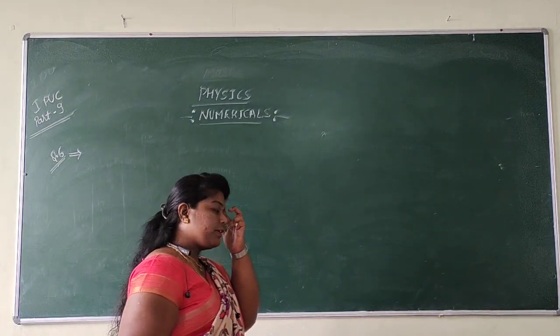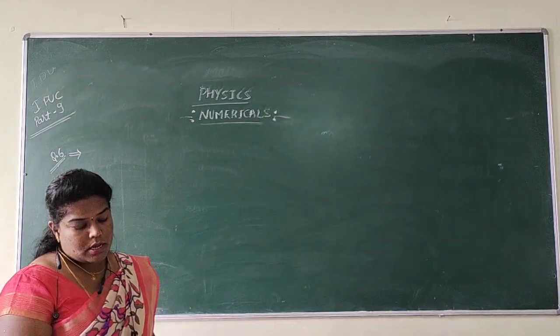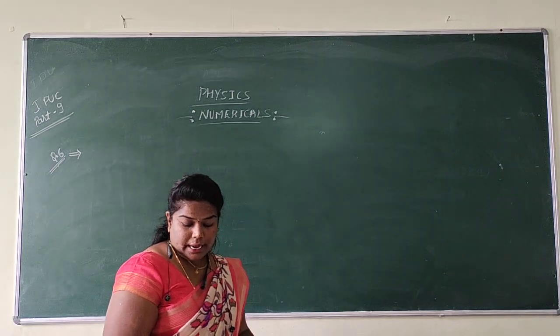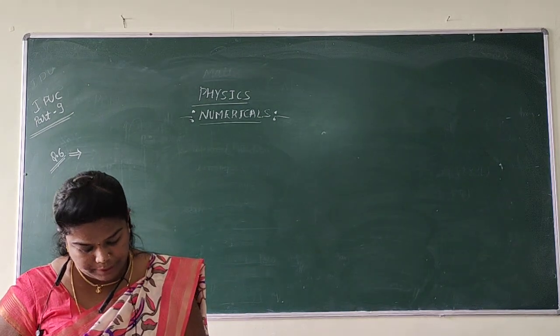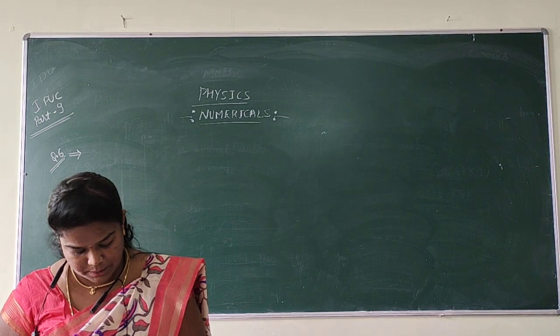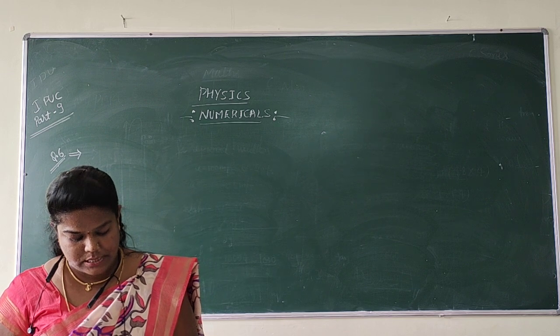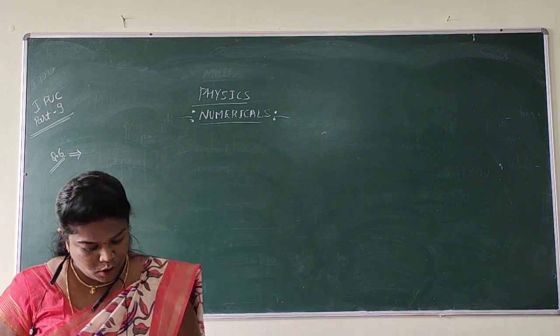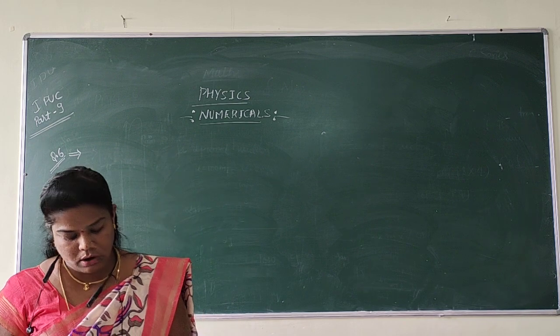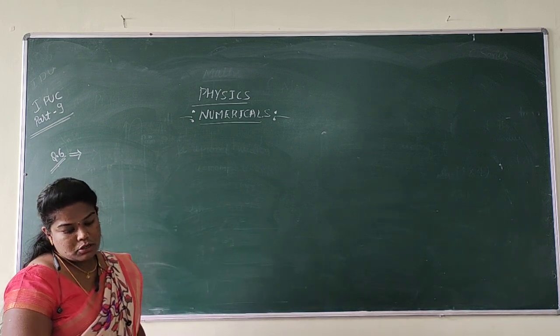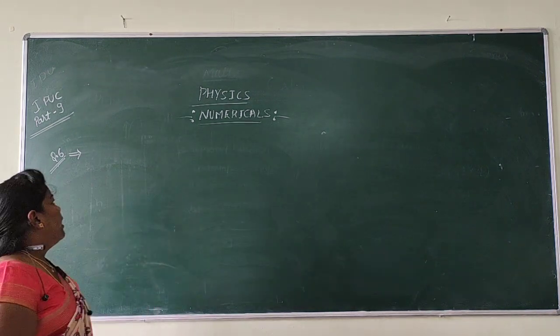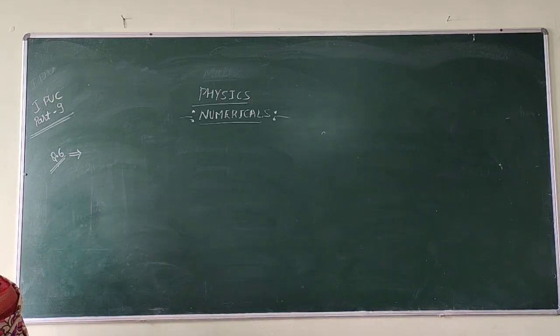This was the question. I am going to read the question again. A car is moving along a straight highway with a speed of 126 km per hour, is brought to a stop within a distance of 200 meters. What is the retardation of the car and how long does it take for the car to come to rest?